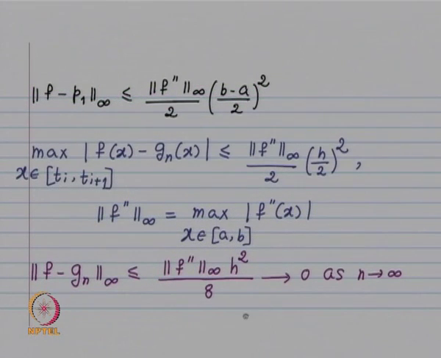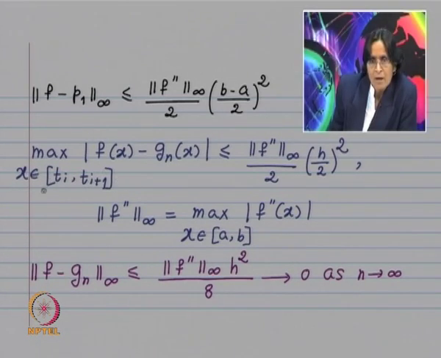Now, when I consider the piecewise linear interpolation, then you have G_n on the interval t_i to t_{i+1}, a polynomial of degree less than or equal to 1. So, using this bound, you will get norm f double dash infinity by 2, where b minus a is the length of the interval. Now, the length of the interval is h. So, it is (h by 2) square.